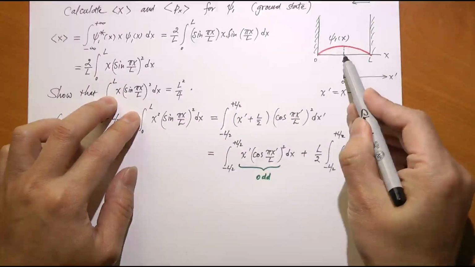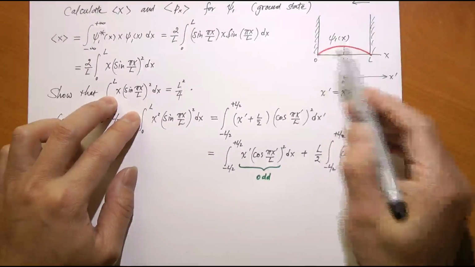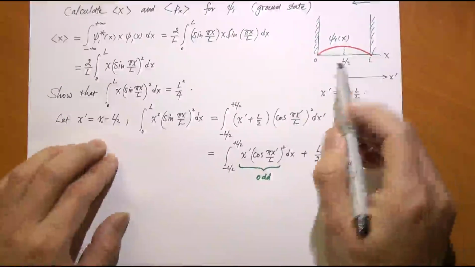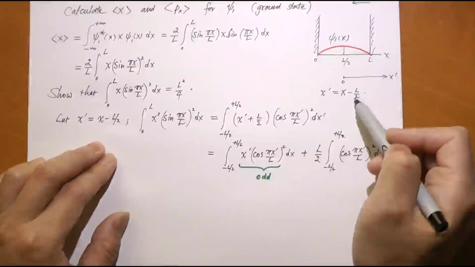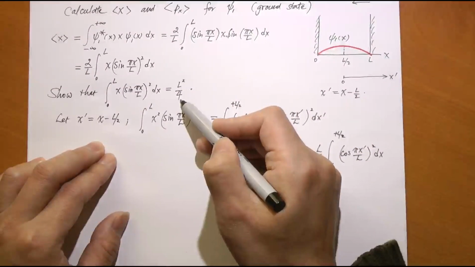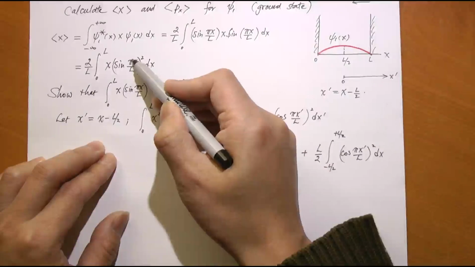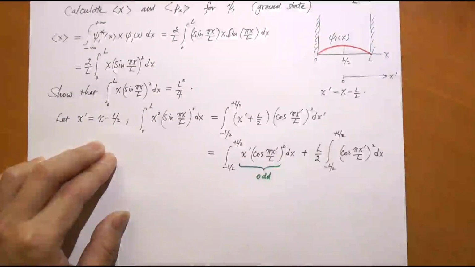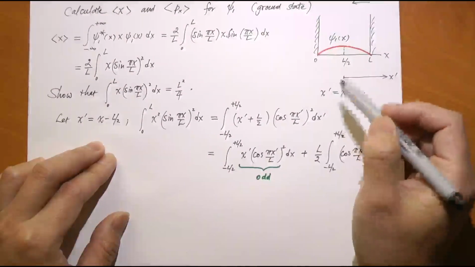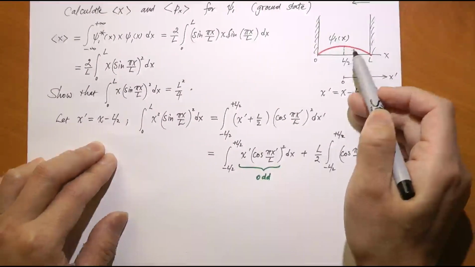X prime starts from the middle of the well, not from one edge of the well. So clearly, x prime equals x minus L over 2, right? With that, I want you to show that this integral equals L squared over 4, so that L squared over 4 times 2 over L will give you L over 2 for the mean value of the position of the particle, as expected to be in the middle of the well.